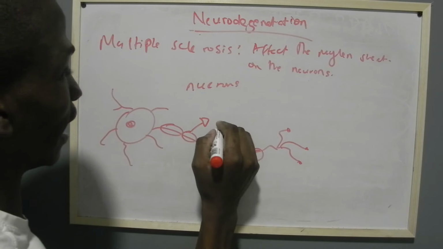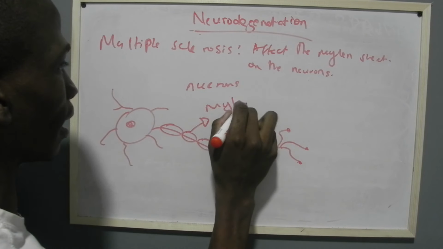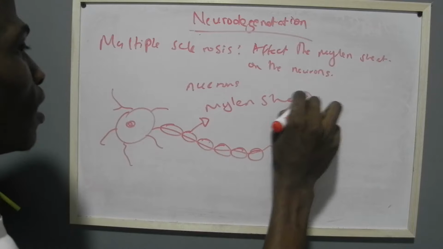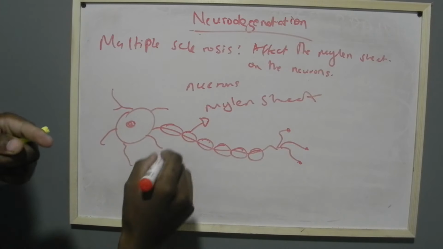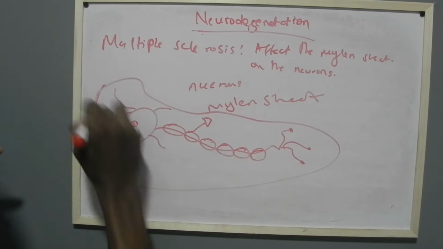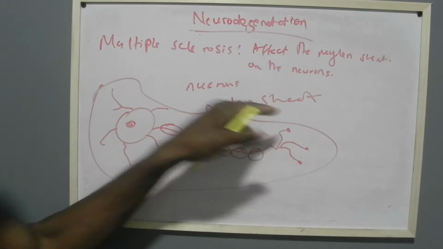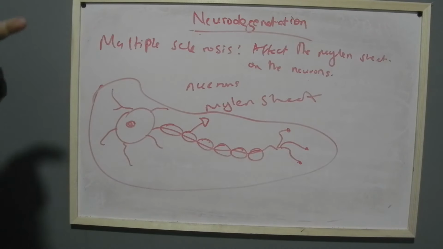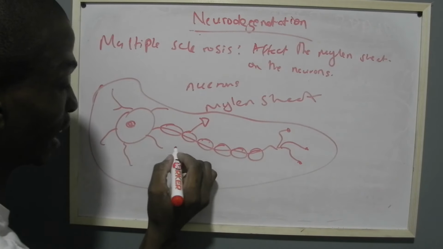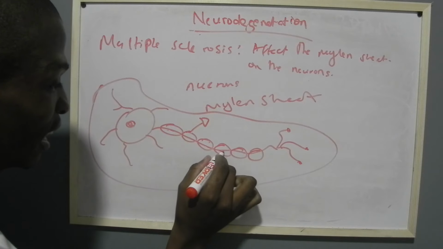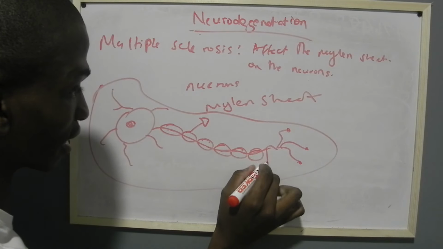This is the myelin sheath. Here is the nucleus, the part of the neuron as a whole. The myelin sheath acts as an insulator on this axon. Here we've got something that is called the axon.